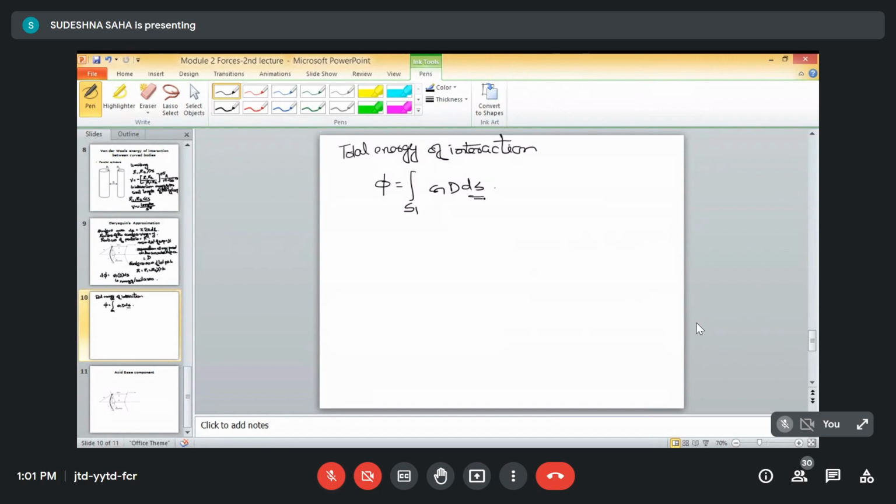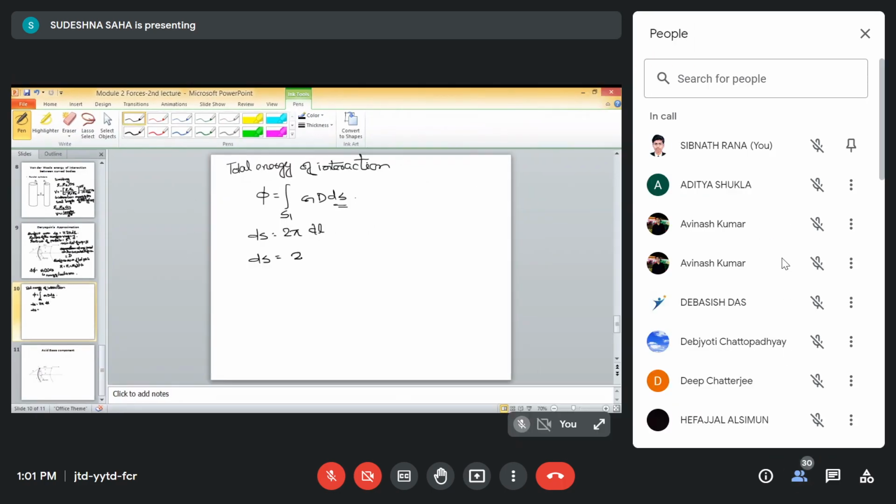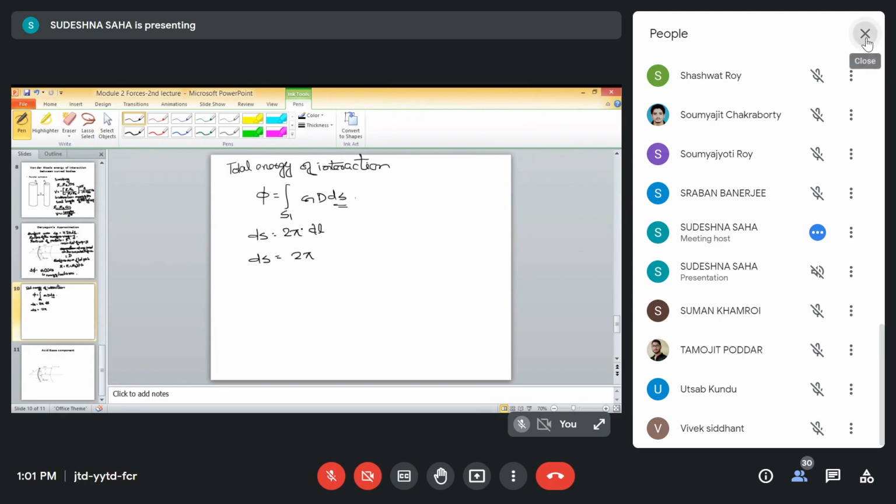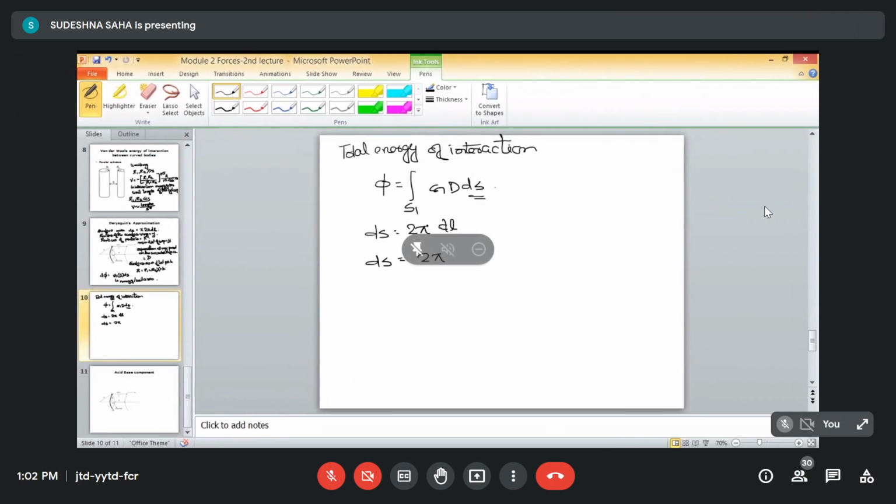And this ds, we can write it as 2 pi dl that we have already previously written, and then geometrically ds will be equals to, sorry, this will be again 2 pi y dl, actually this will come pi into 2y into dl. Okay, so 2 pi y dl.